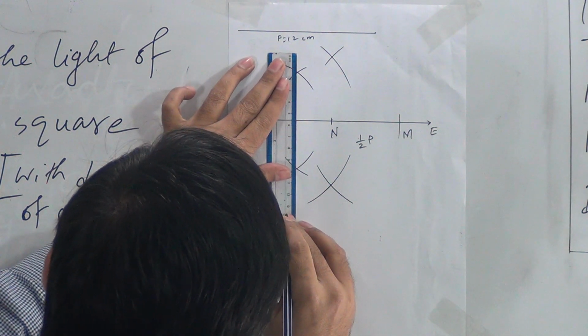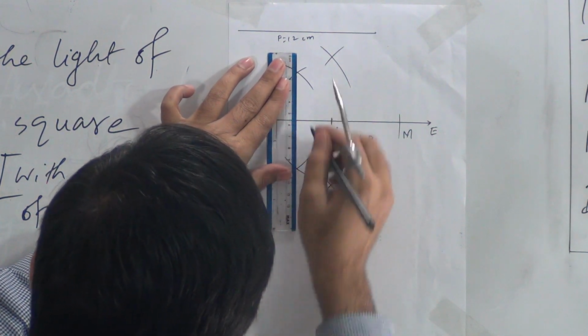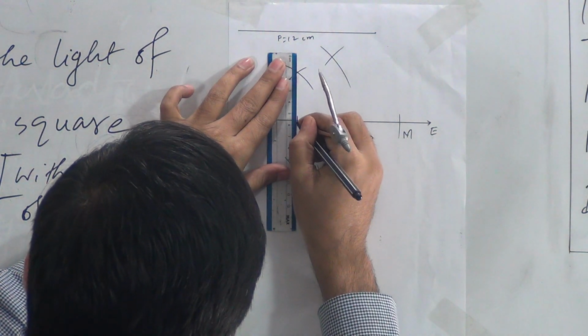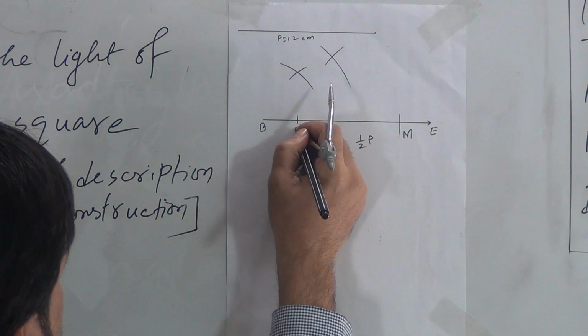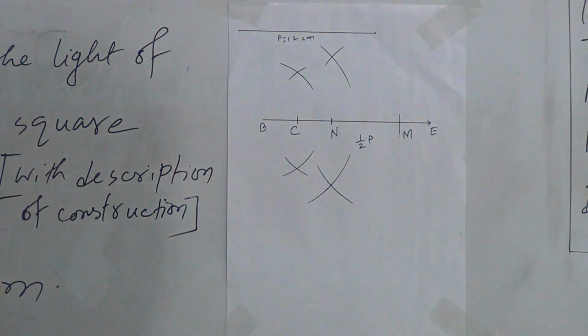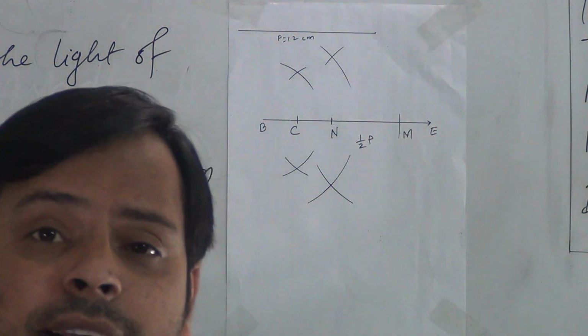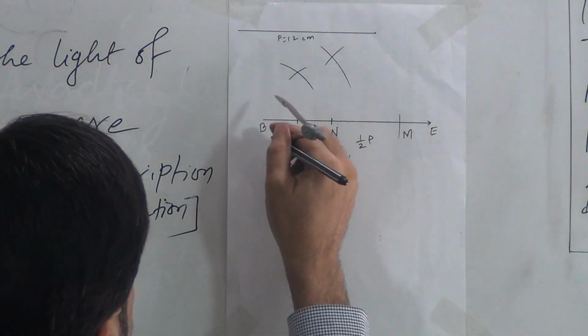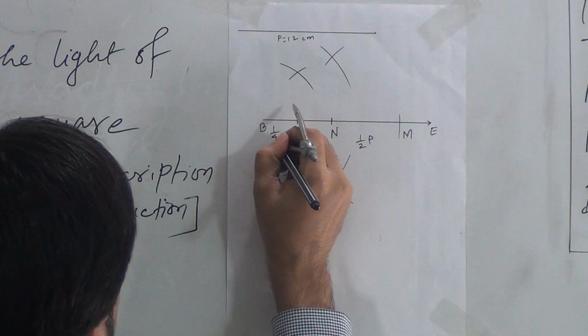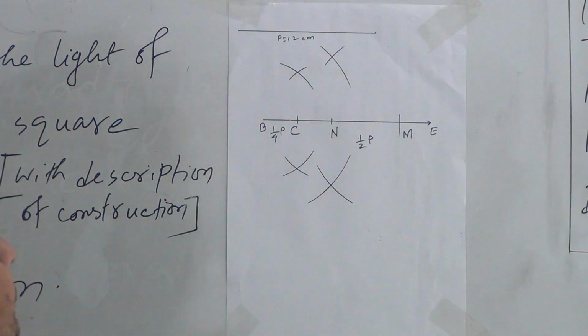If you join, you will get the middle point. Suppose this is C. So BC is the length of each side of the square. So this length is 1/4 of the perimeter, 1/4 of P.